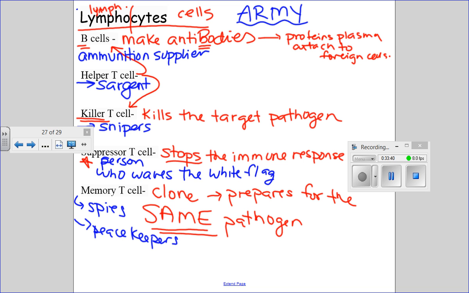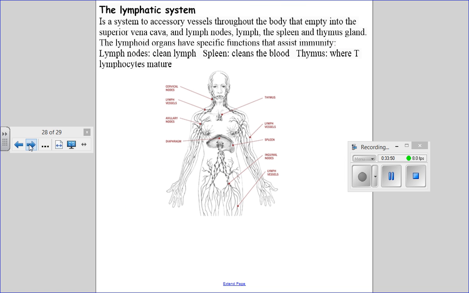So then just on this topic of lymph, I'd like to make sure you understand what we're saying when we say lymph. Your lymphatic system is a system of accessory vessels, not blood vessels, but other vessels that carry just fluid. They empty into the superior vena cava.